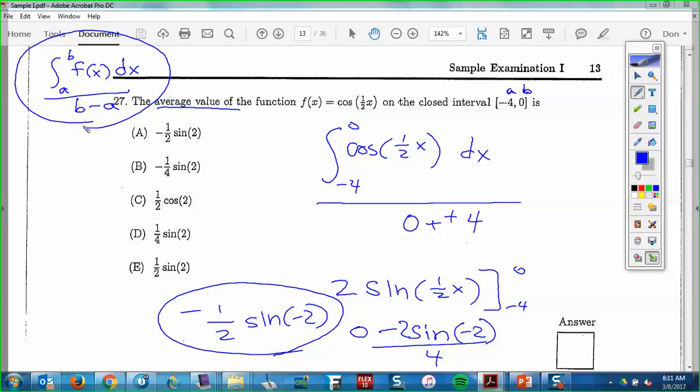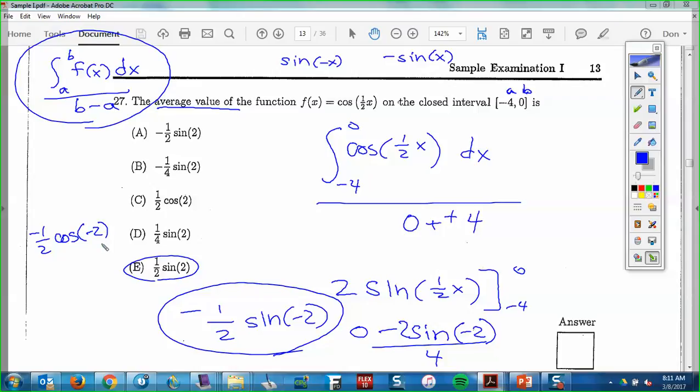So sine is an odd function, which means if you put a negative x in, it's the same as getting the opposite out. So sine negative 2 is the same as negative sine 2, which would cancel this negative, and you get that.